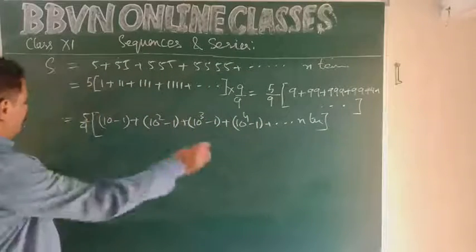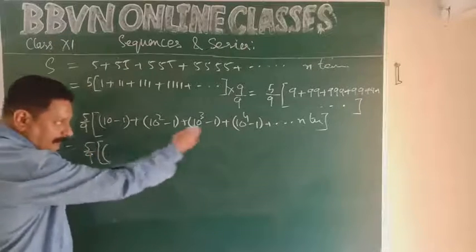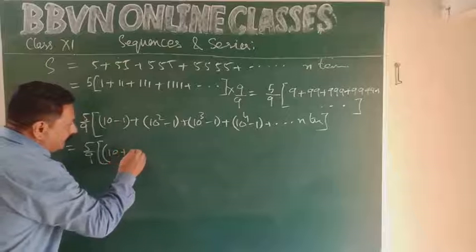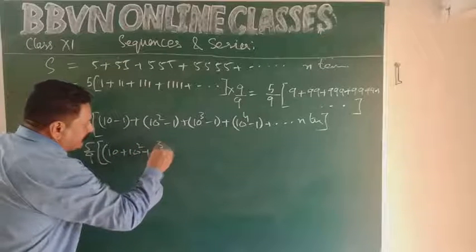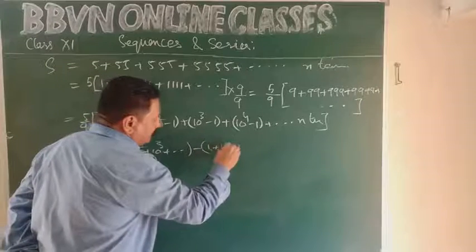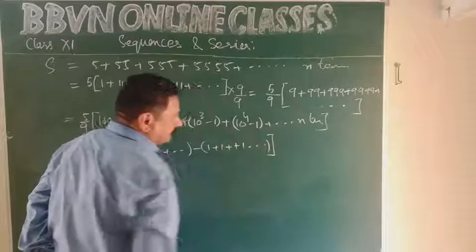Okay? Now what happened here? 5 upon 9. Now in this we have two series. One is 10 plus 10 square plus 10 cube and so on. The other, with minus taken common, is 1 plus 1 plus 1 plus 1 so on up to n terms. Okay?